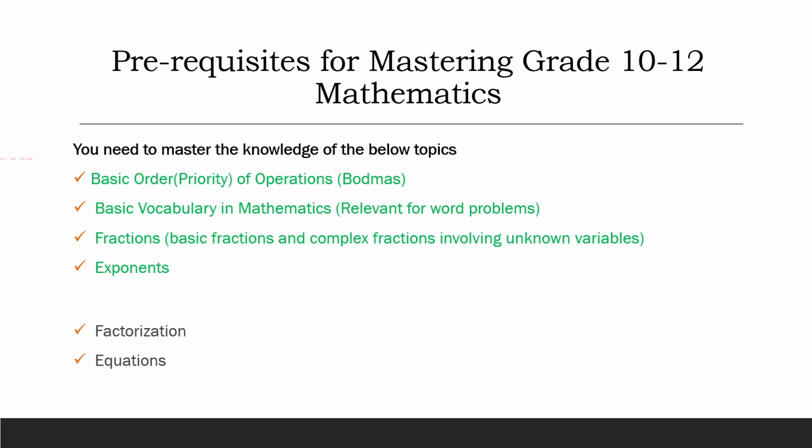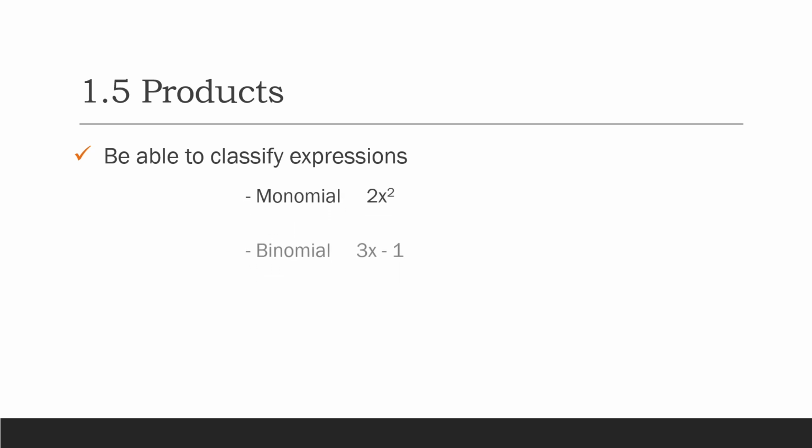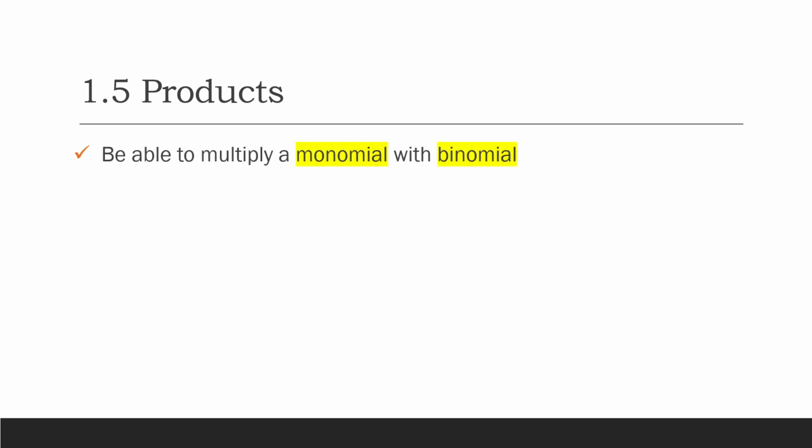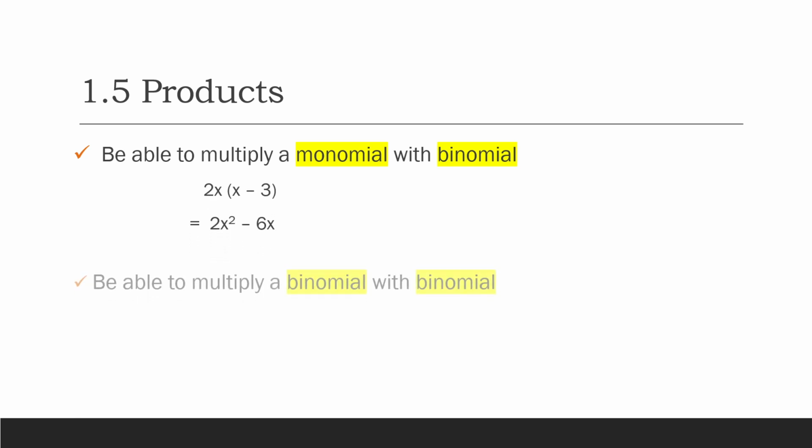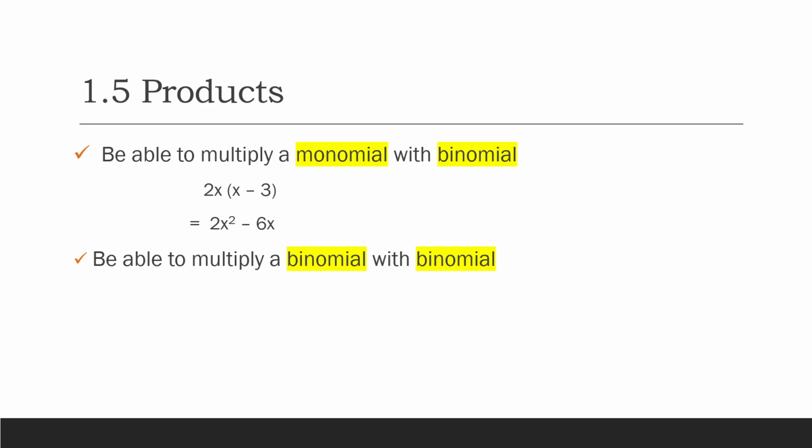The next topic would be products. We should be able to classify expressions: monomial, binomial, trinomial, polynomial, and be able to multiply them, which is multiply a monomial by a binomial and know how to deal with it, multiply a binomial by a binomial and understand how to deal with it, and finally get the answers.